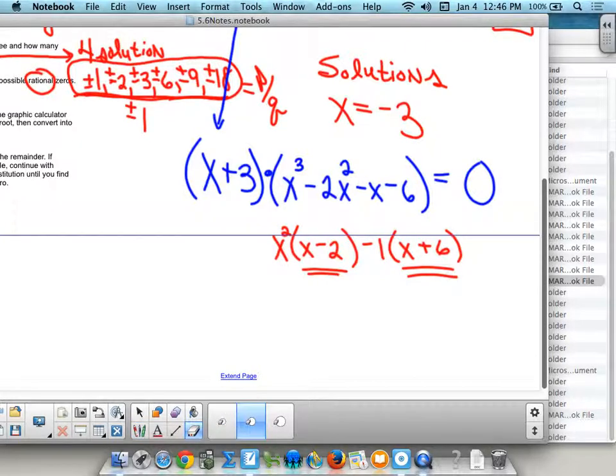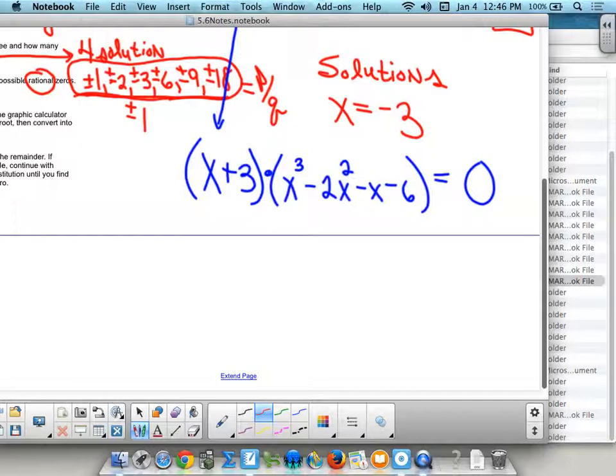So now I have to erase and ask, how do I find the other zeros? Synthetic division. Right. And since we already know it, because Jessica, you said 3 works? Yep. Okay. 1, -2, -1, -6.